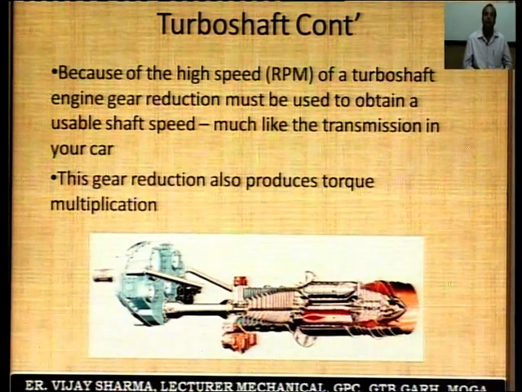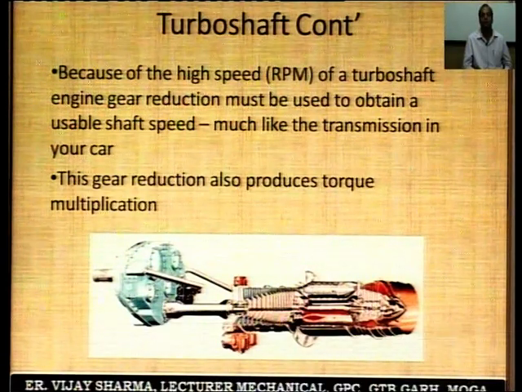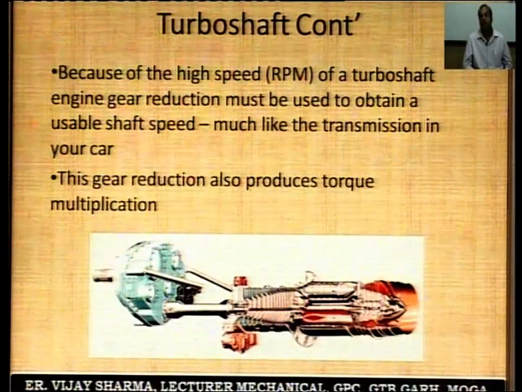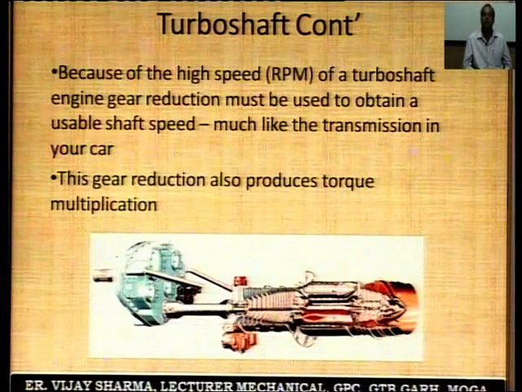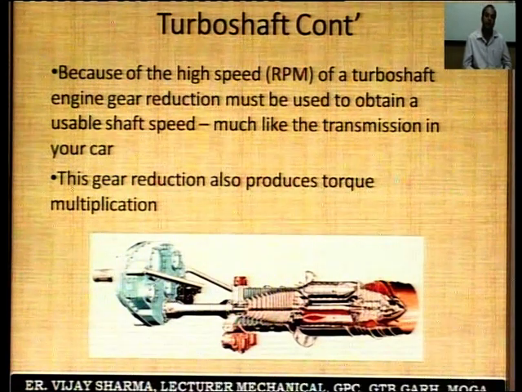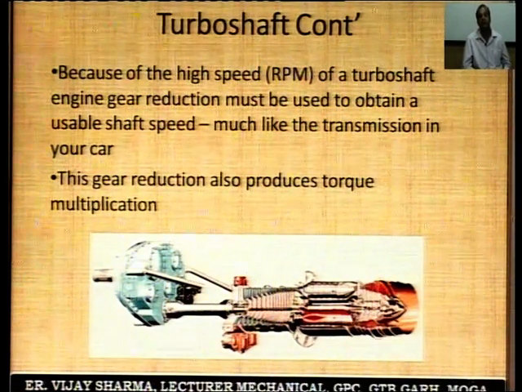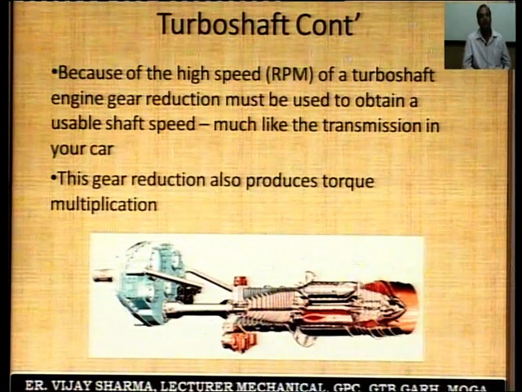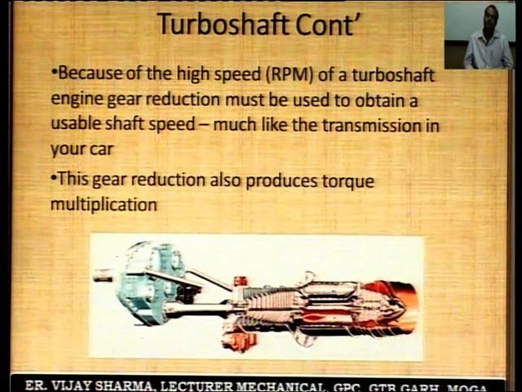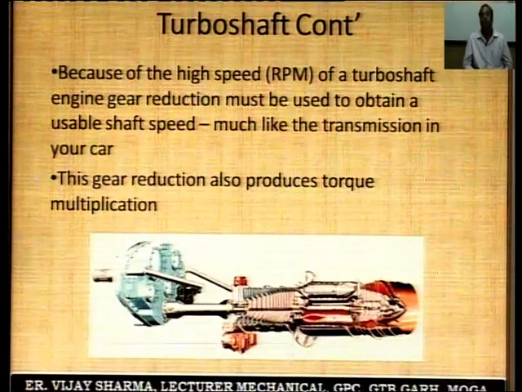In the continuation of the turboshaft engine, because of the high speed, which can be measured in RPM, of a turboshaft engine, gear reduction must be used to obtain a usable shaft speed, much like the transmission in your car.